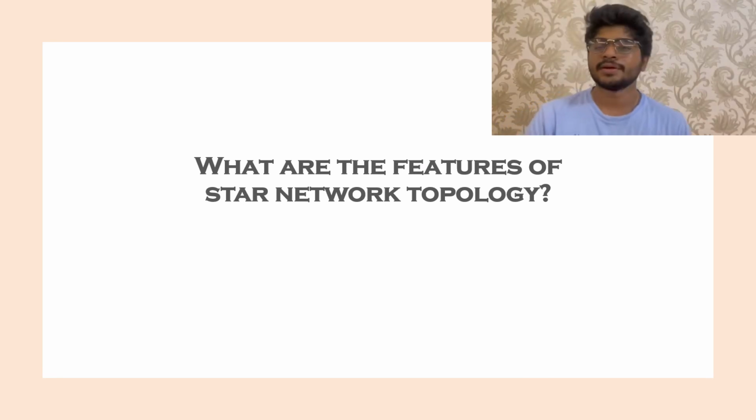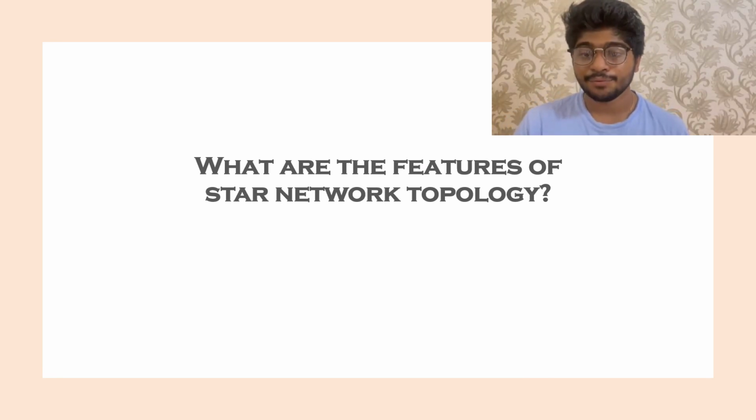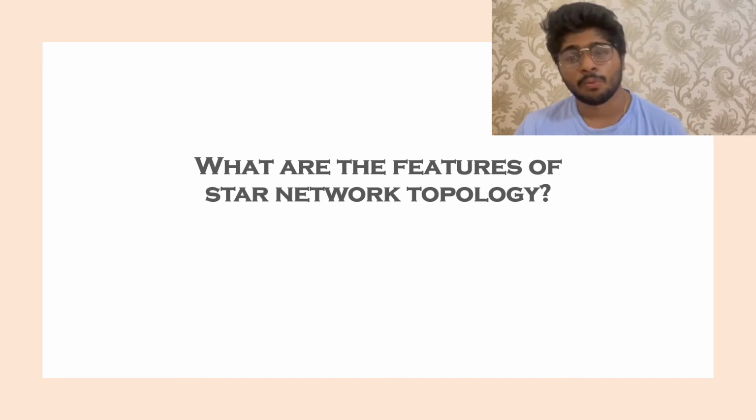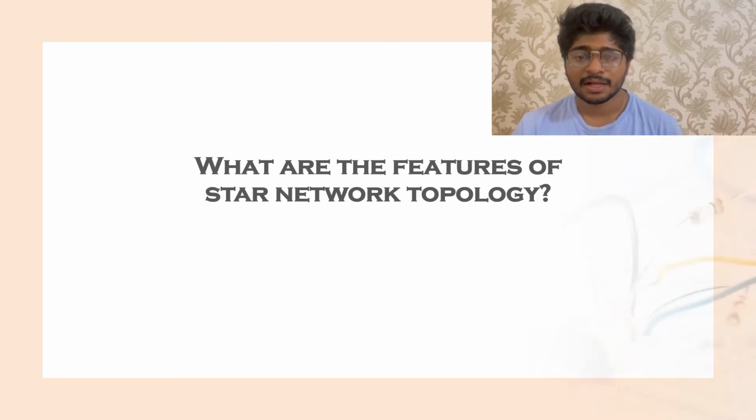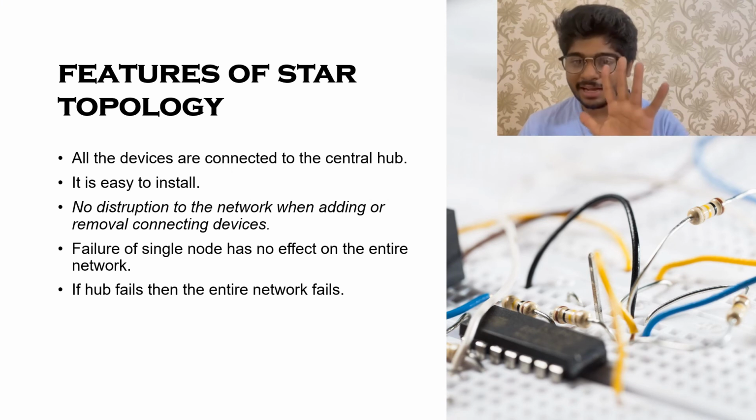Thank you, Bhupen. So we came to the end of this presentation. There's one point left, the last and the shortest point among all, which is what the features of the star topology are. There are five features of the star topology.